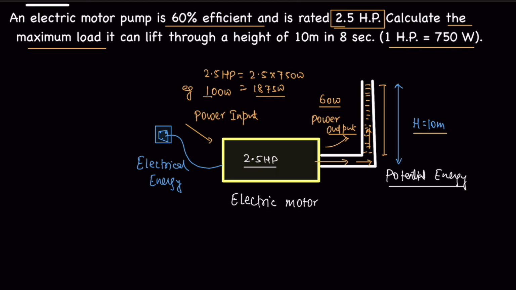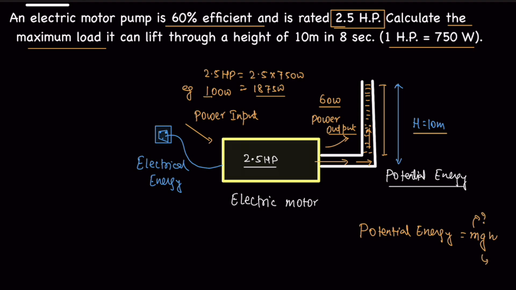So what we have to do in this question, we have to first find the potential energy, because we know that potential energy is m into g into h. Mass is not known, that we have to find.